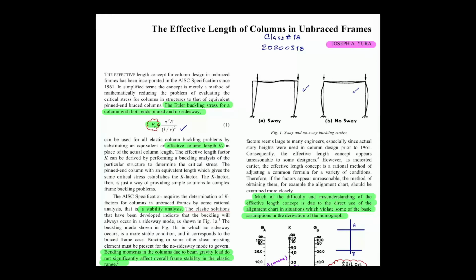You can turn that feature on in SAP, in STAAD.Pro, whatsoever structural analysis program you use. But the point is that most of the columns we are dealing with are going to fail in the inelastic range. That means inelastic column buckling is going to be the case, and you have to incorporate two nonlinearities in your analysis.